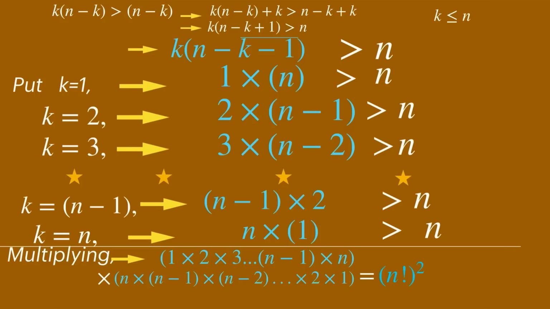So n into n into n, n times multiplication of n, that would clearly be n to the power n, and all are greater than. So the left hand side is greater than the right hand side: the left hand side is factorial n square, greater than the right side, that means n multiplied n times, that is n to the power n. So clearly factorial n square is greater than n to the power n.